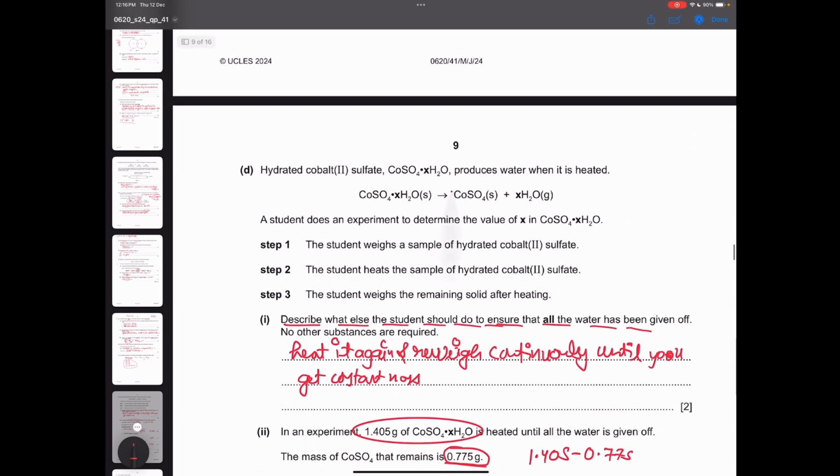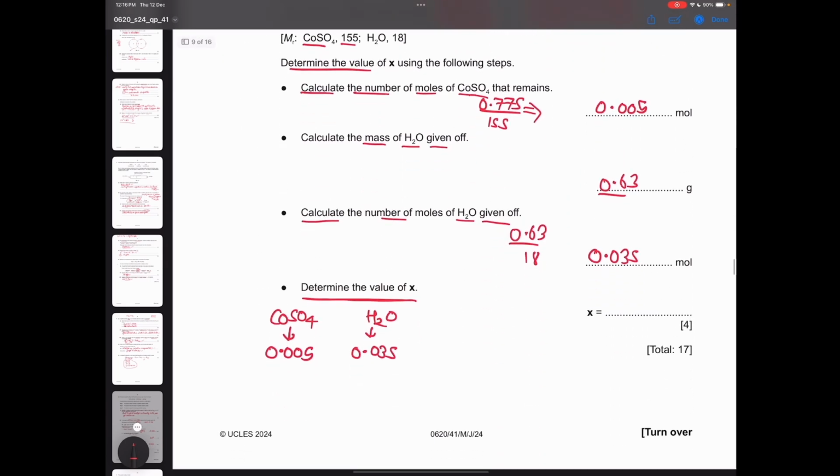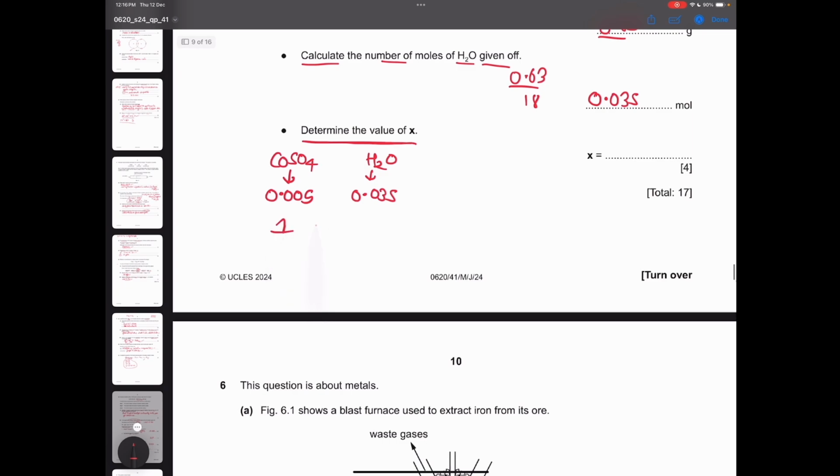Cobalt sulfate is 1 and H2O is X. So, the ratio between them is 1 is to X. Now you can use any method of maths, you can divide them. Let me use the calculator. 0.035 divided by 0.005. The answer is coming out to be 7. So 7 is the answer. Very simple.